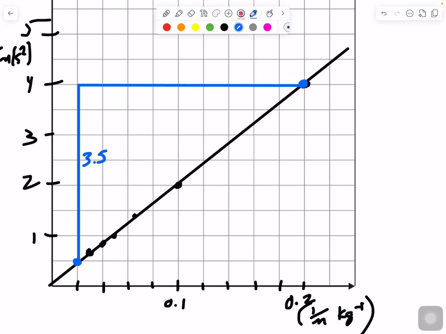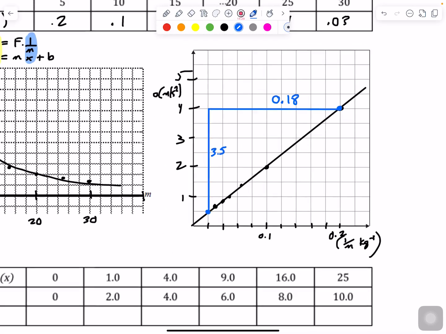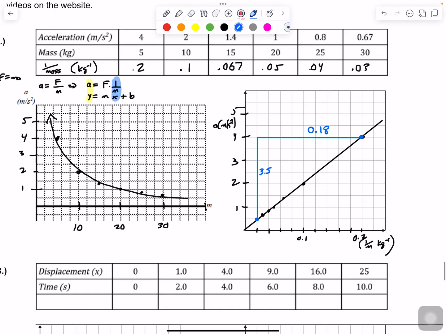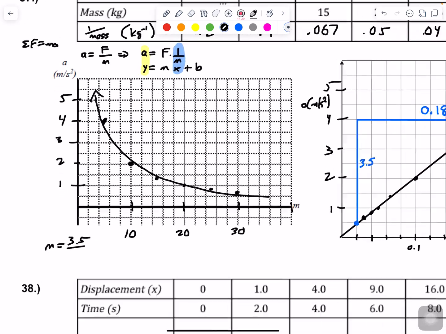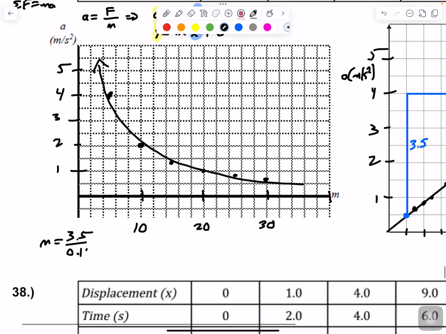So 3.5 is my rise, and my run, 0.02, so 1, 2, 3, 4, 5, that's 0.1, 0.12, 0.14, 0.16, 0.18. 0.18 is my run. All right, so my slope is going to be 3.5 over 0.18.